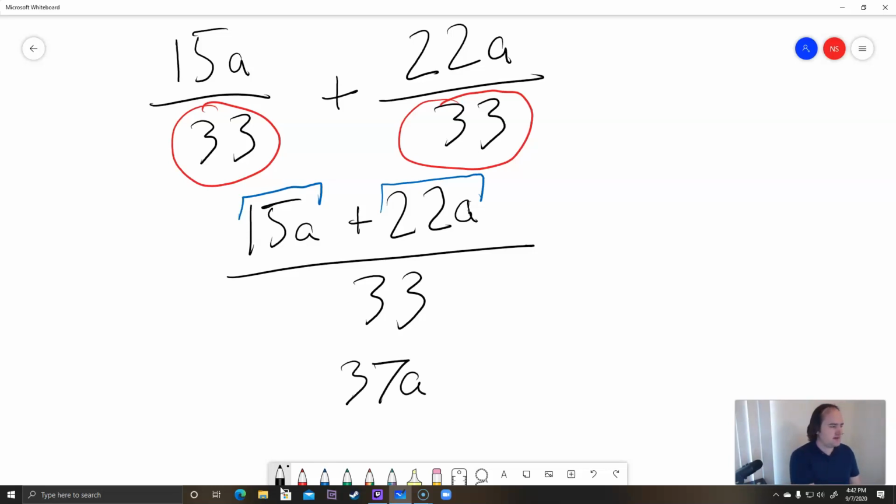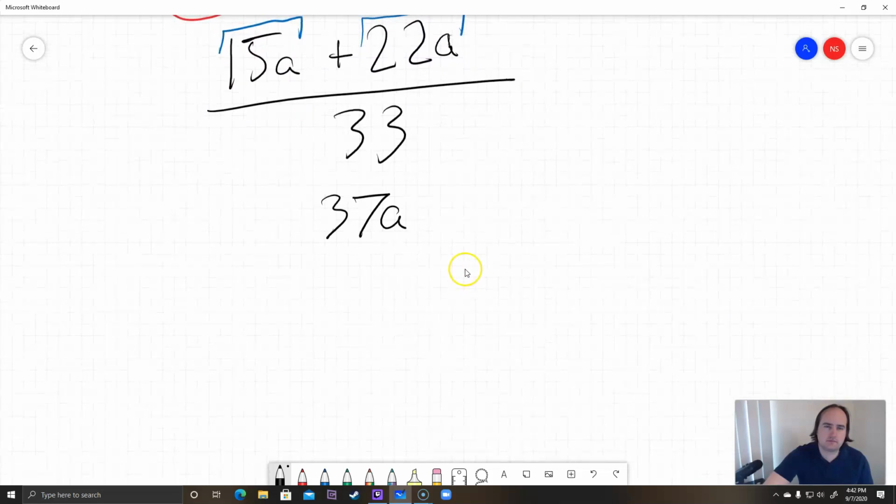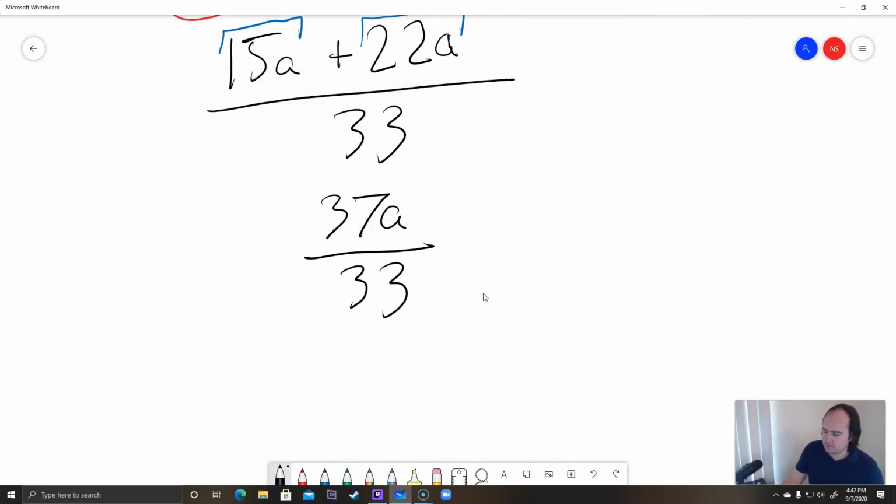So we have 37a over 33. And 37 and 33 don't have any common factors, so we're actually done with the problem. So that's our answer.